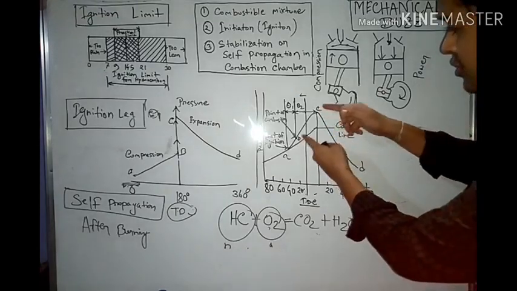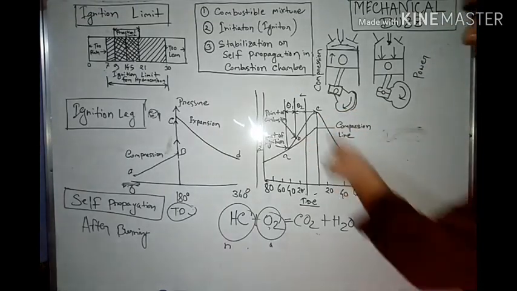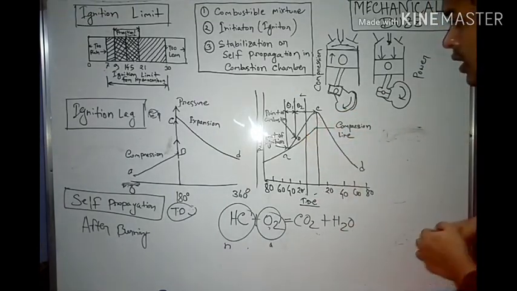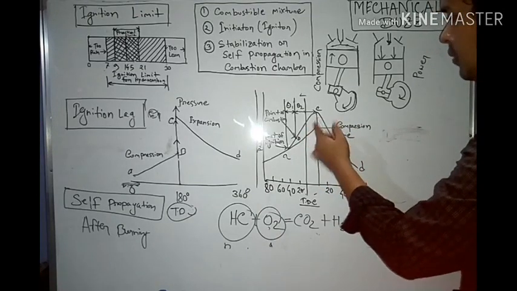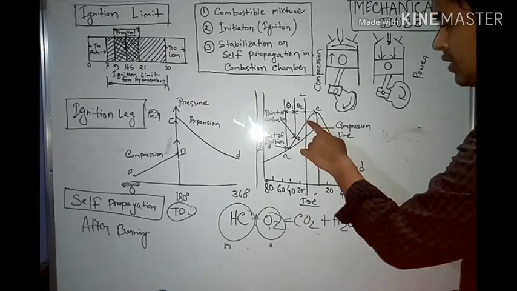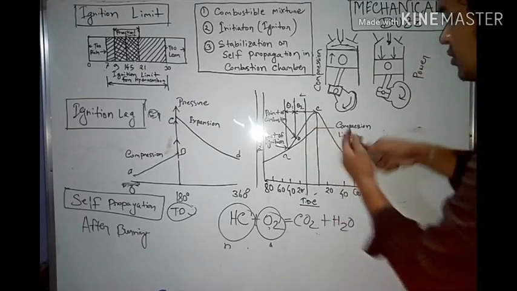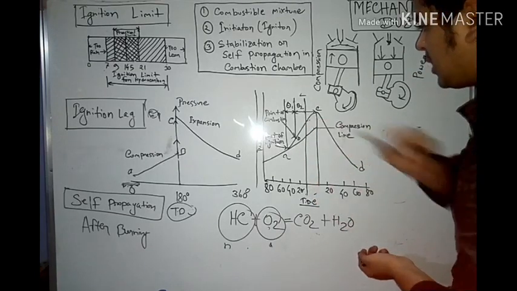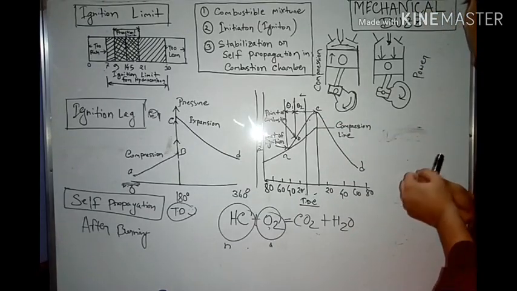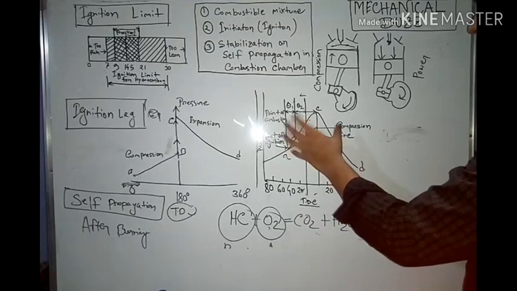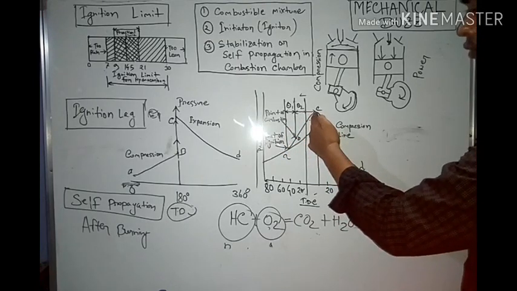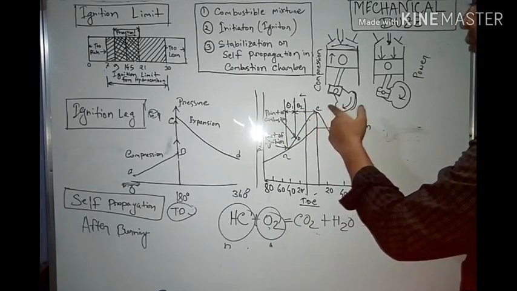This is the stage up to the peak point of the pressure. So from B to C, the piston moves up, reaches TDC, and then again comes down, because from here the power stroke actually occurs, until it reaches point C.